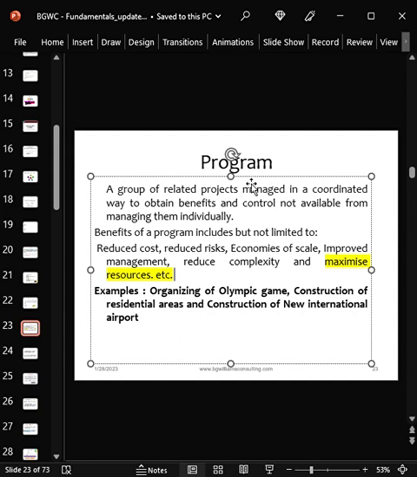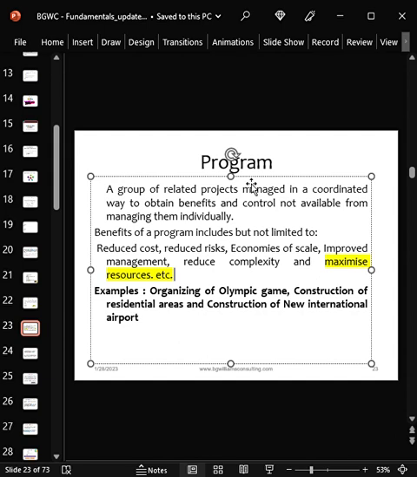So an example is, for instance, the construction of a residential estate. You see that in that estate, you are going to construct about 30, 50, 20 buildings. Each building is a project. You are going to do roads, walkways, landscaping, a centralized water system.